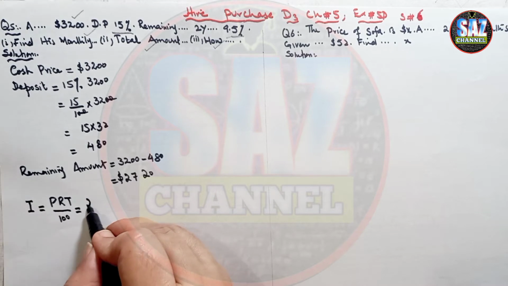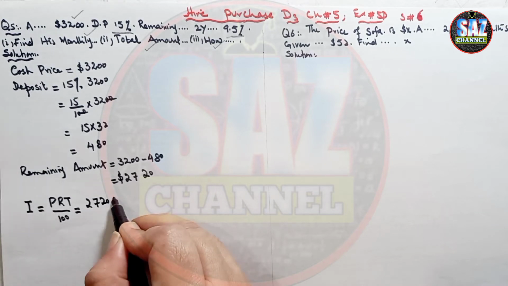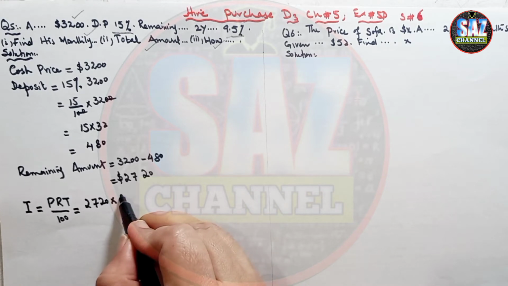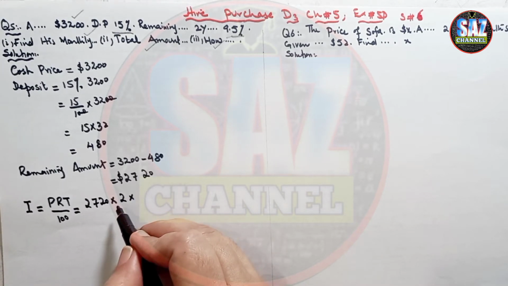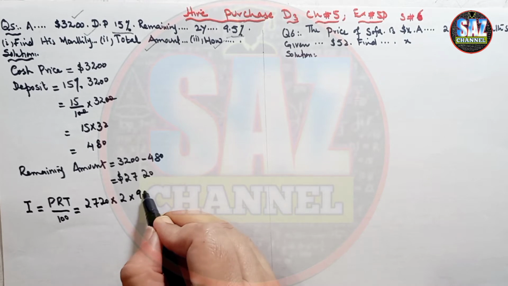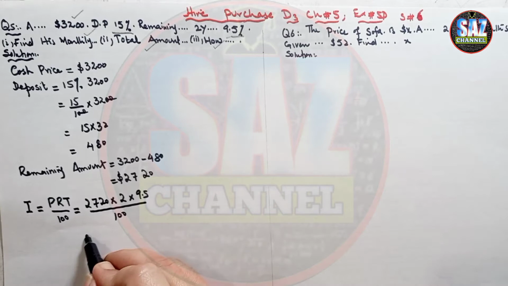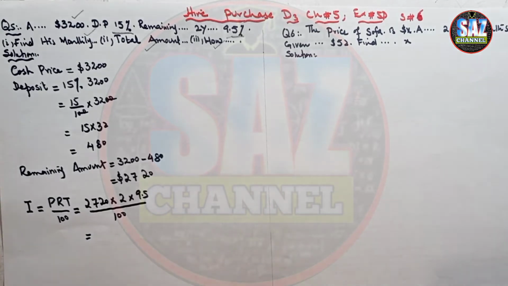The principal amount is 2720, multiplied by the time period, which is 2 years, and the interest rate is 9.5%, upon 100. As the calculation is long, you can use the calculator.